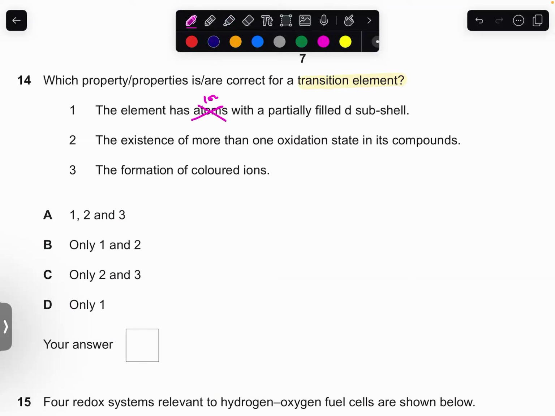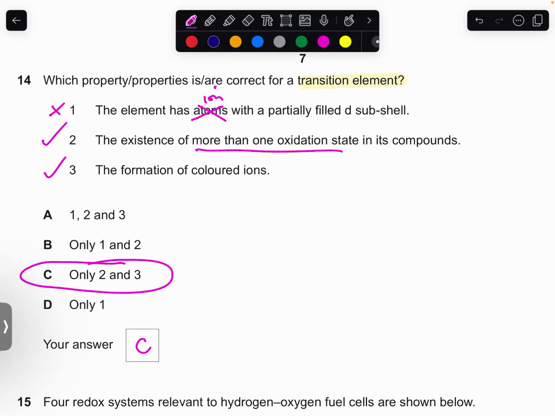It should read as an ion. So 1 is no. The existence of more than one oxidation state in its compounds, yep, we're happy with that. The formation of coloured ions, yes. So it should be 2 and 3 only. And that is the answer.